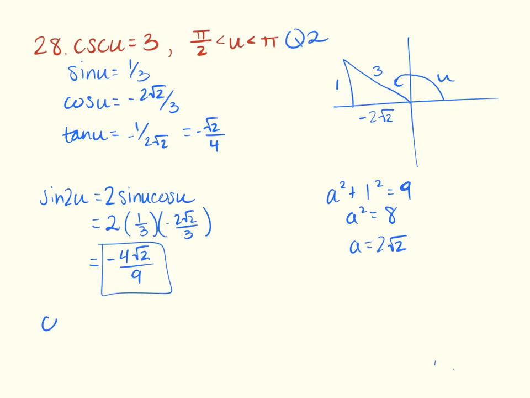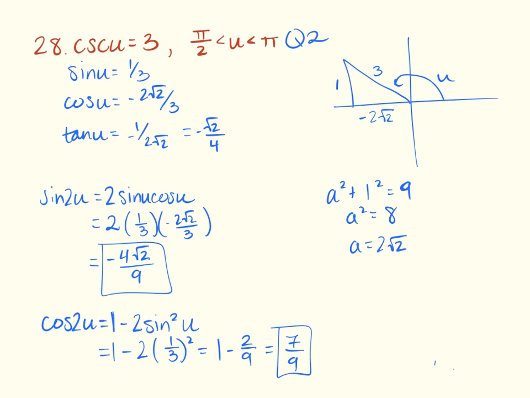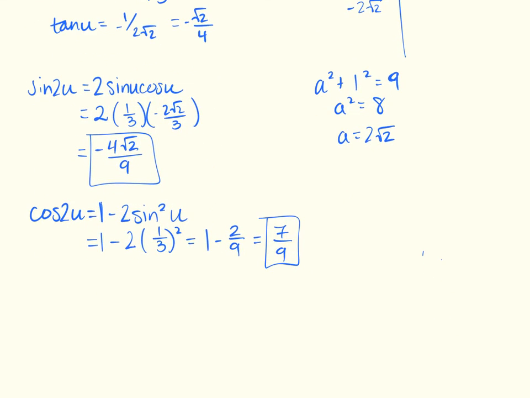Then we're going to find cosine of 2u, and I'm going to use the third iteration of the formula, so that's going to be 1 minus 2 sine squared u. So I get 1 minus 2 times 1/3 quantity squared equals 1 minus 2/9, which is equal to 7/9. And then I'm going to find tangent of 2u, which is sine of 2u over cosine of 2u. So this is negative 4 root 2 over 7.